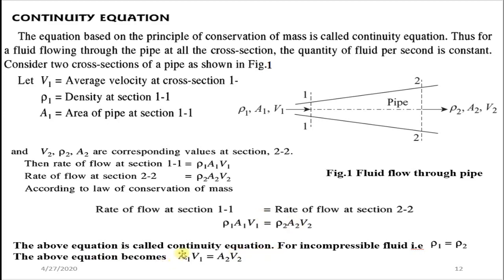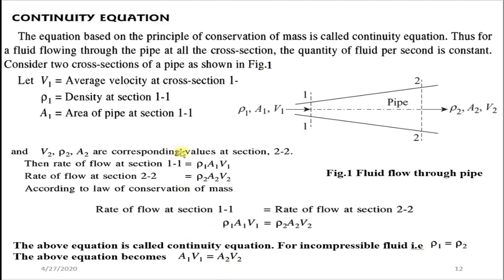Generally we will use A1 V1 equal to A2 V2 for the fluids, because generally all fluids are incompressible in nature. Density ρ1 at section 1,1 and ρ2 at section 2,2 are one and the same, which get cancelled. Remaining is A1 V1 equal to A2 V2.